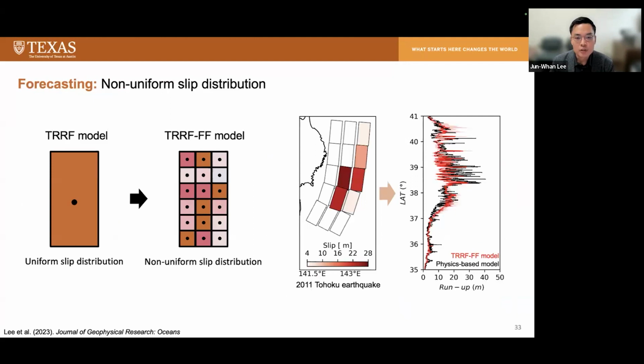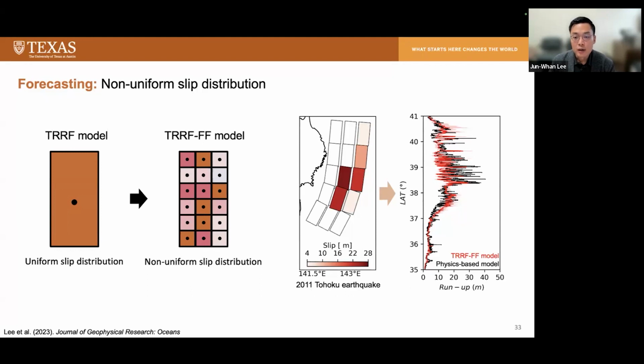And now let's move on to the tsunami forecasting. One of the key challenges or limitations of our new tsunami machine learning model was that it was only applicable to earthquakes assuming uniform slip distribution. And this uniform slip distribution assumption is quite acceptable for a moderate earthquake like moment magnitude 8 or less. But this assumption may cause a large error for great earthquakes where the moment magnitude is larger than 8, which can affect the tsunami forecasting accuracy.